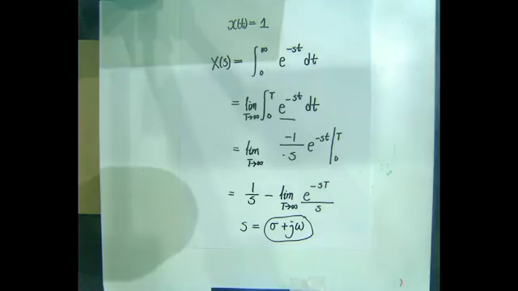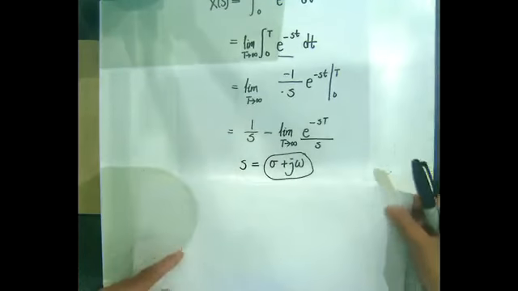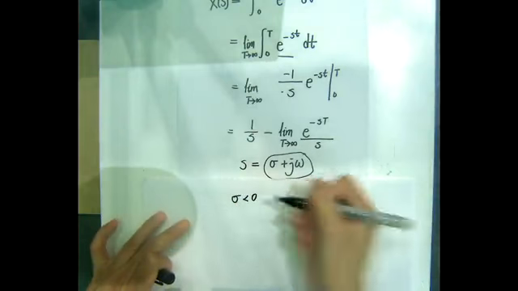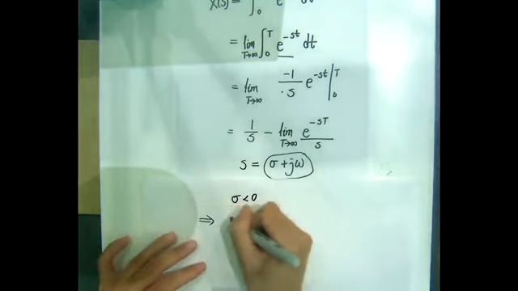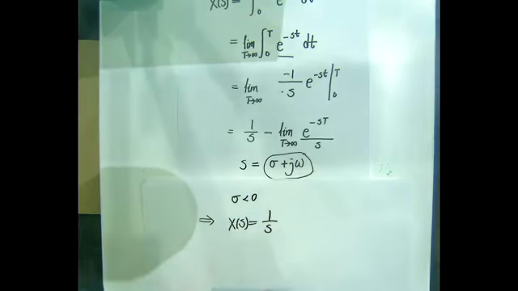So from here, if my sigma is smaller than 0, then I will have my X(s) will be 1 over s.